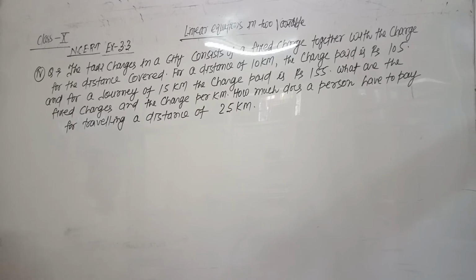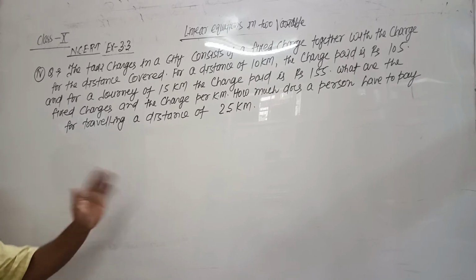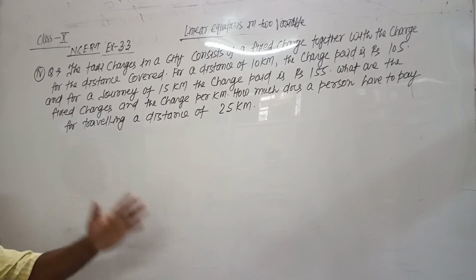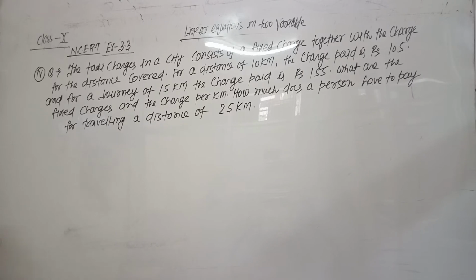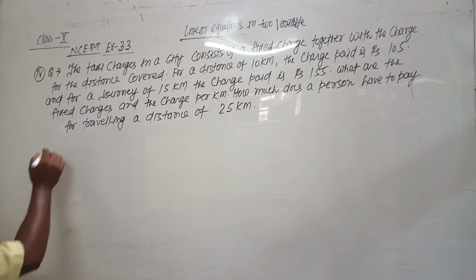So for a distance of 10 km, the total charge paid is rupees 105. Means fixed charge plus charge for the distance covered is 105. And for a journey of 15 km, the charge paid is rupees 155. So what are the fixed charges and the charge per kilometer?